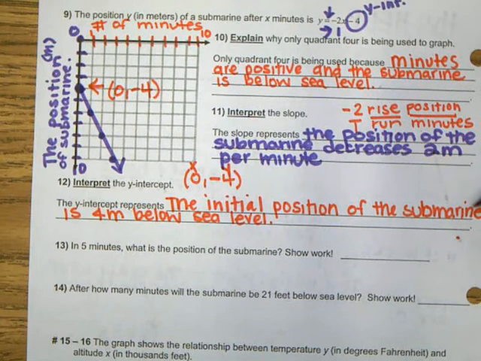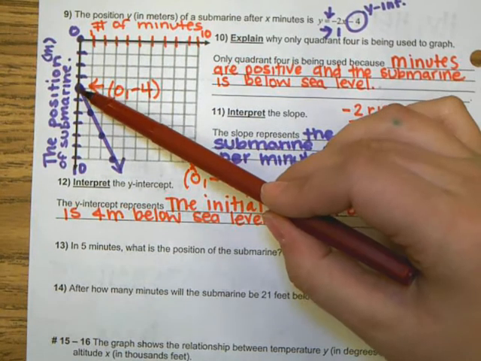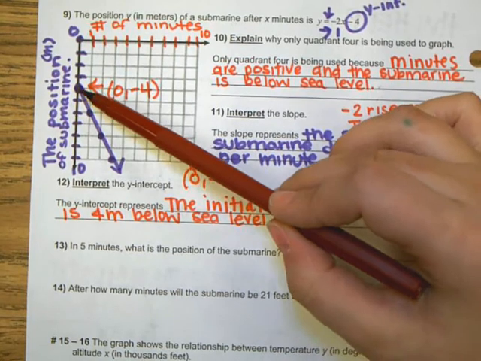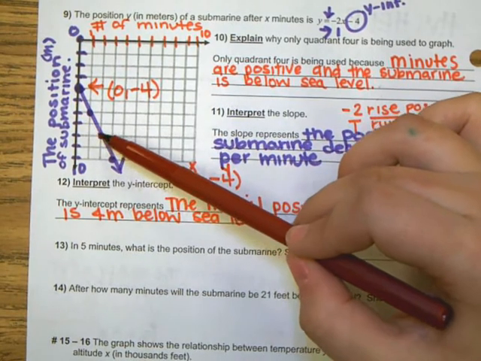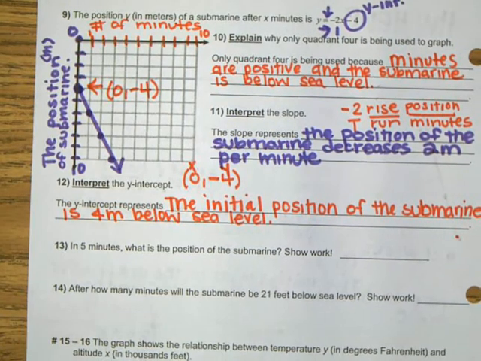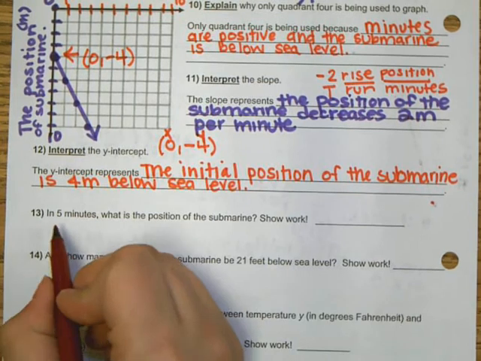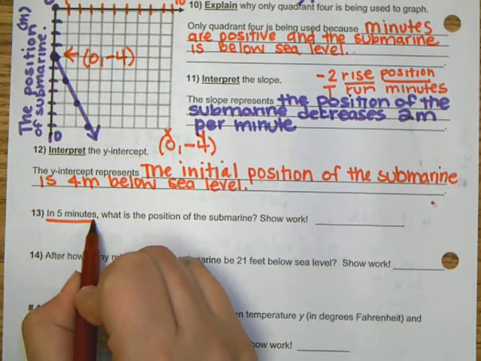So that means before the submarine decreases 2 meters per minute, before that rate of decrease happens, the submarine is already 4 meters below the sea before this constant rate of change is happening.